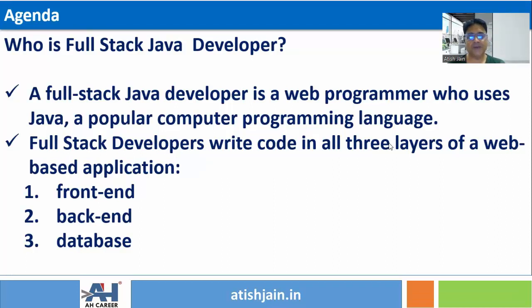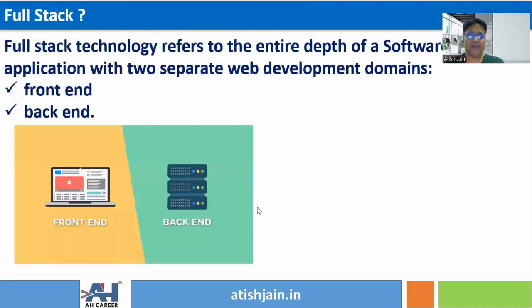The full stack developer writes the code in 3 layers of a web-based application. One is front end, second one is back end, and third one is database. The person who has complete knowledge of front end, back end, and database is known as a full stack developer. In general, the database is also included along with backend.